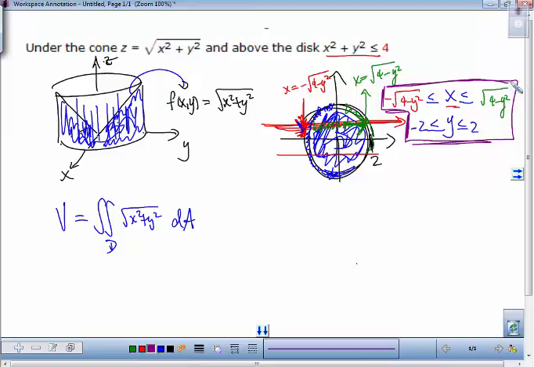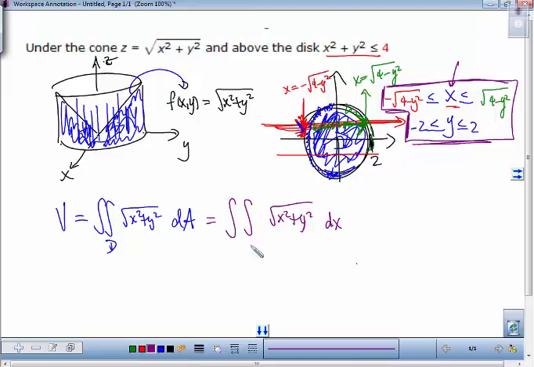So this is our valuable set of inequalities that's going to help us write our double integral, our iterated integral. And remember that you have the square root of x squared plus y squared in the integrand. And now here we're deciding to integrate with respect to x first. So I'll say dx, and then I will write my x limits.